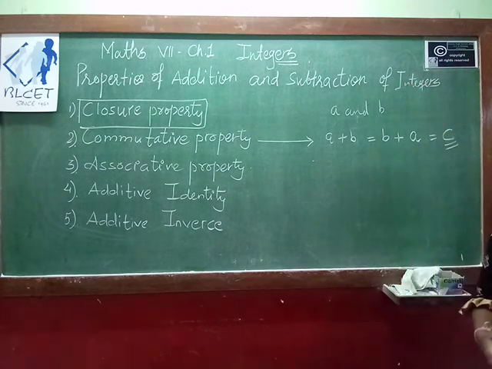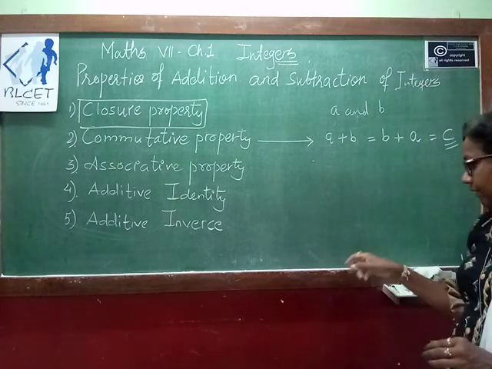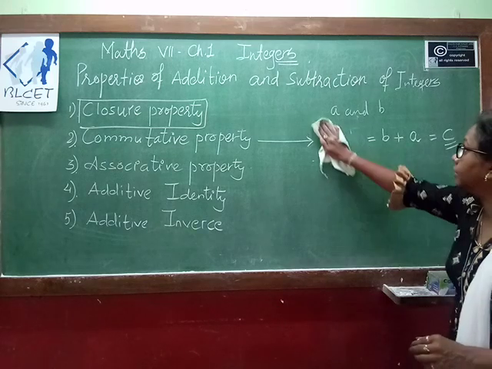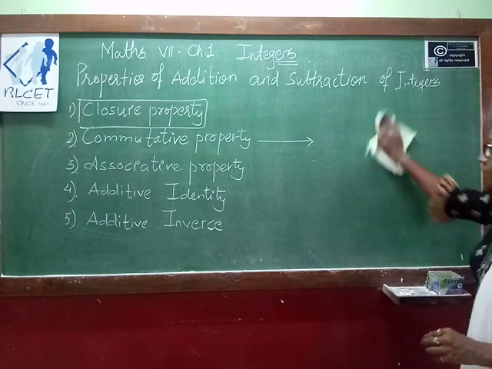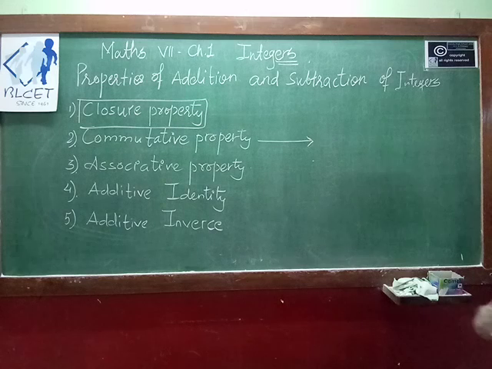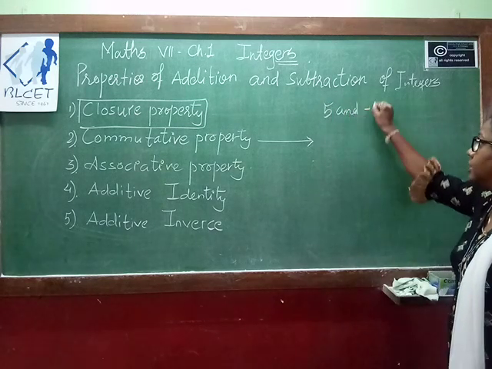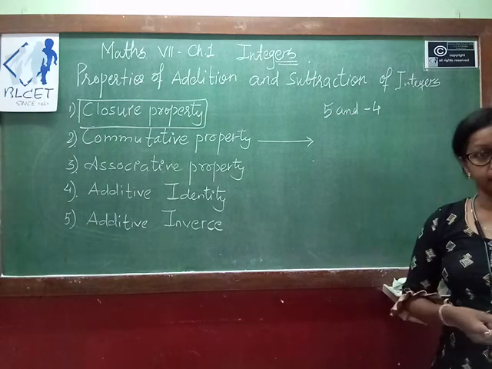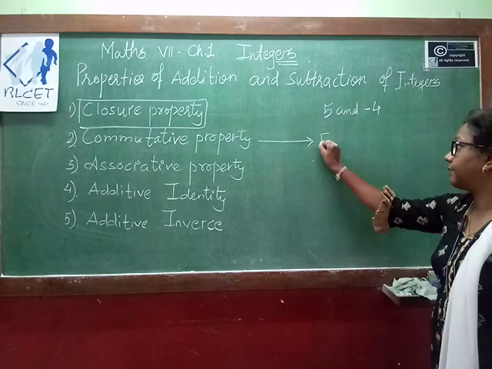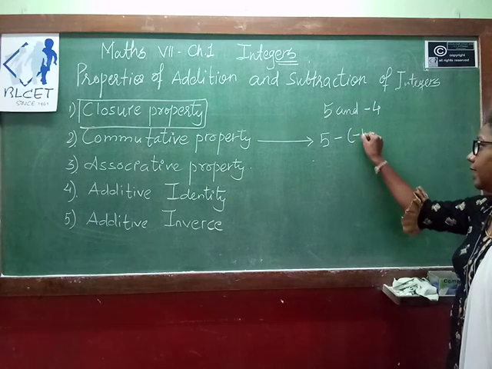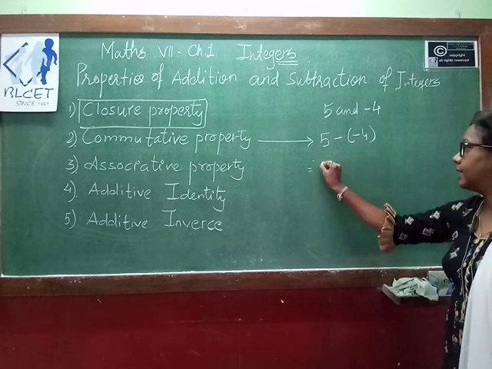Now we move to subtraction. Let's see whether it holds or not. Taking the same example, 5 and minus 4, both are integers. First I subtract 5 minus 4. What answer am I getting?